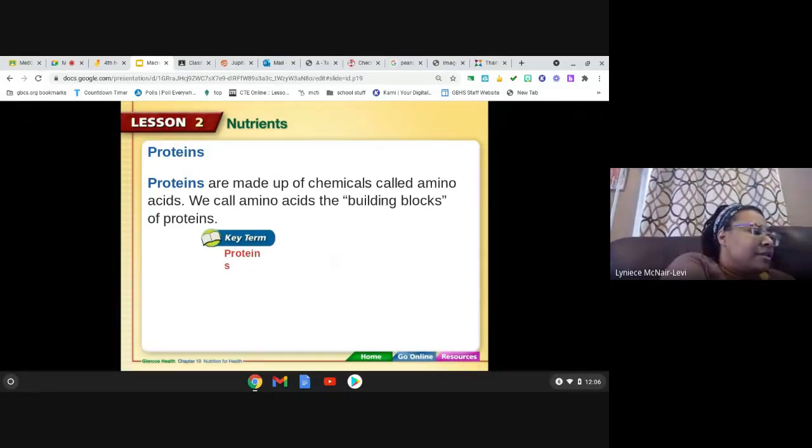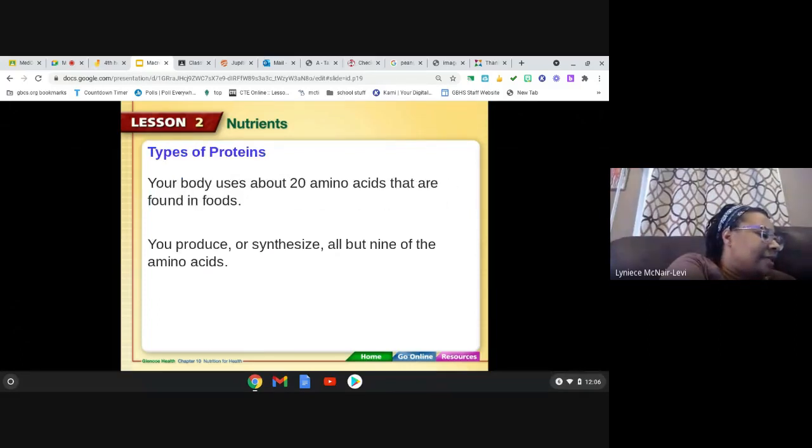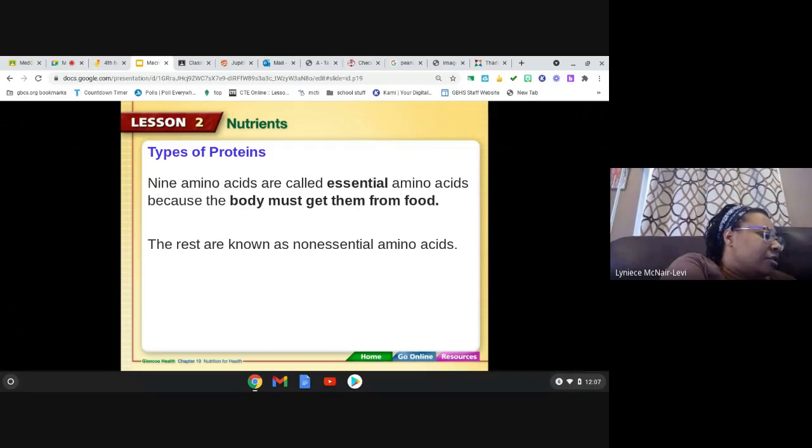Proteins, amino acids are the building blocks. We went over that. There are 20 amino acids. You can produce all of them, but 9 of them are essential, we went through that. The rest are non-essential.